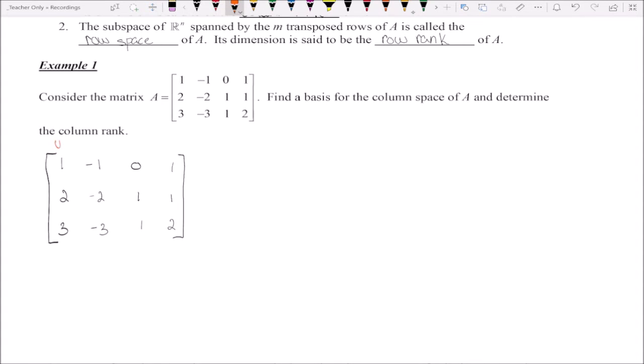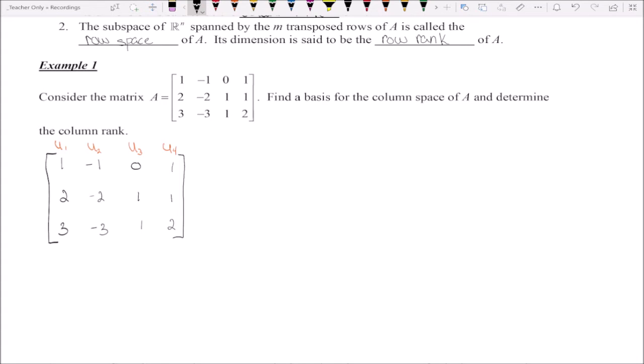So we'll call column 1 U1, column 2 U2, U3, and U4. So there are four vectors within the column space. Since we're trying to find a basis for the column space, we're trying to find a set of linearly independent vectors that span the column space.